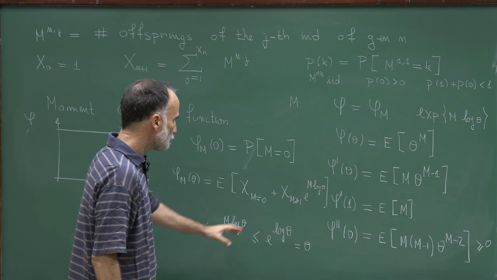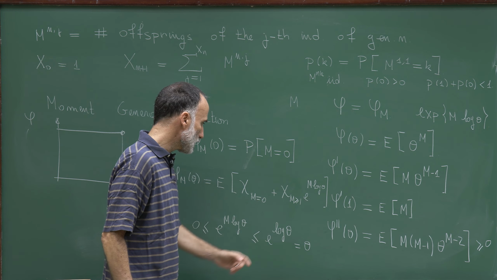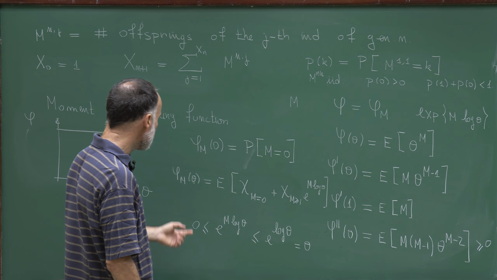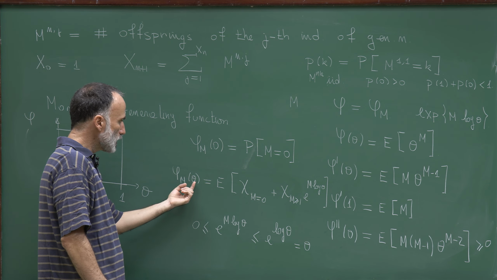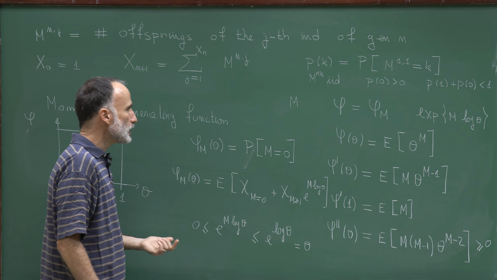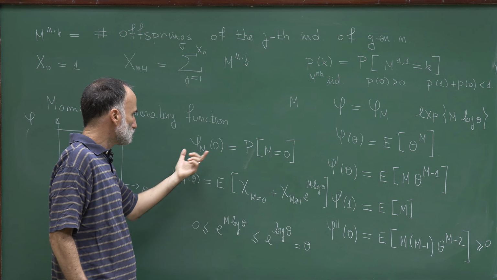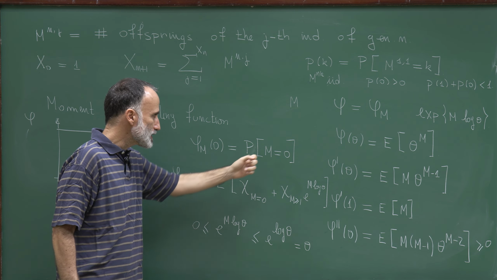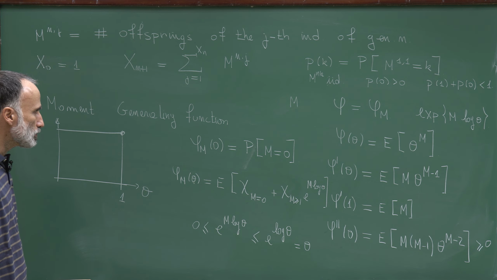So this expression is bounded between 0 and theta. As theta tends to 0, this expression converges to 0, and therefore phi_m of theta, as theta goes to 0, converges to this probability, which means that if I want to have a continuous function, I have to define phi_m at 0 as the probability that m is equal to 0.